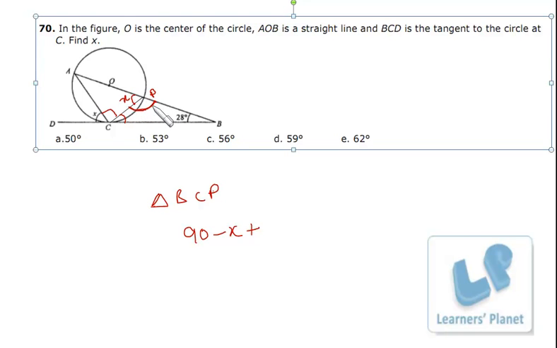So only this portion is 180 minus X. Plus this 28 degrees. And these three are angles of triangle CPB. So the sum has to be 180. Okay. So 2X is equal to 90 plus 28. So X is equal to 45 plus 14, 59. Simple.